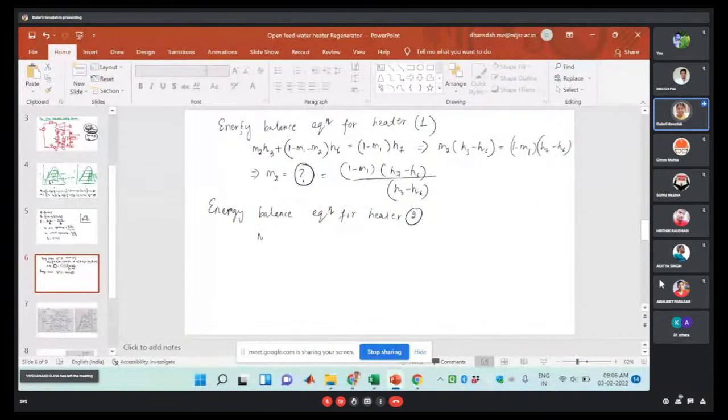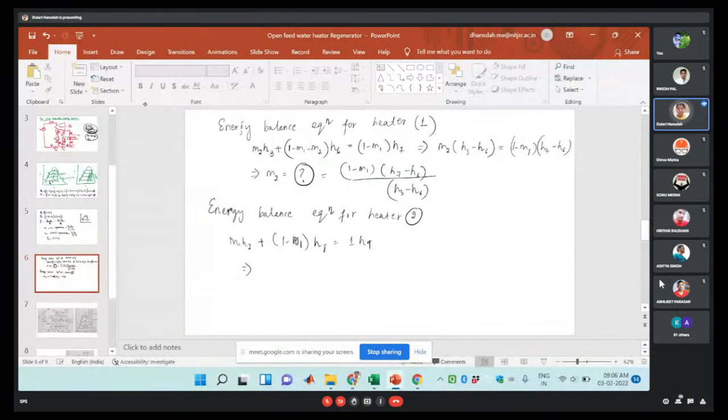So equation will be the M1 H2 plus 1 minus M1 into your H8, equal to 1 into H9.